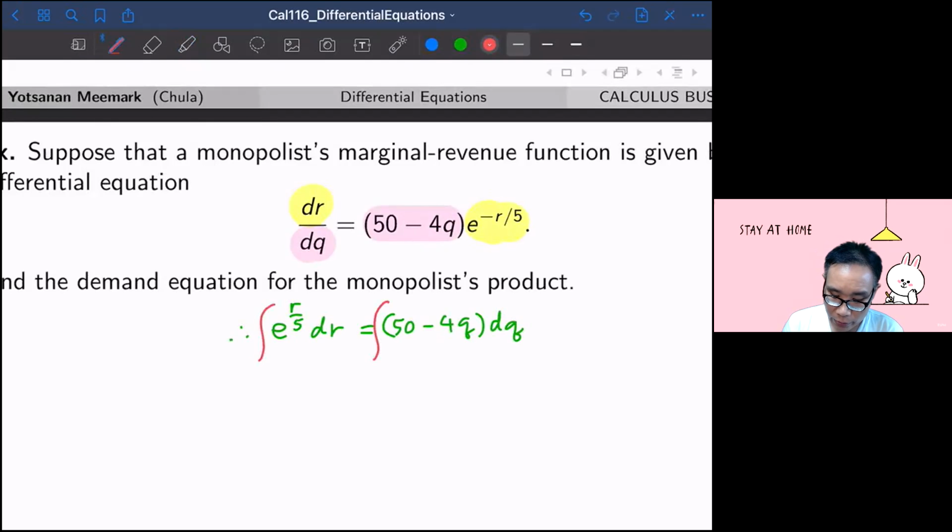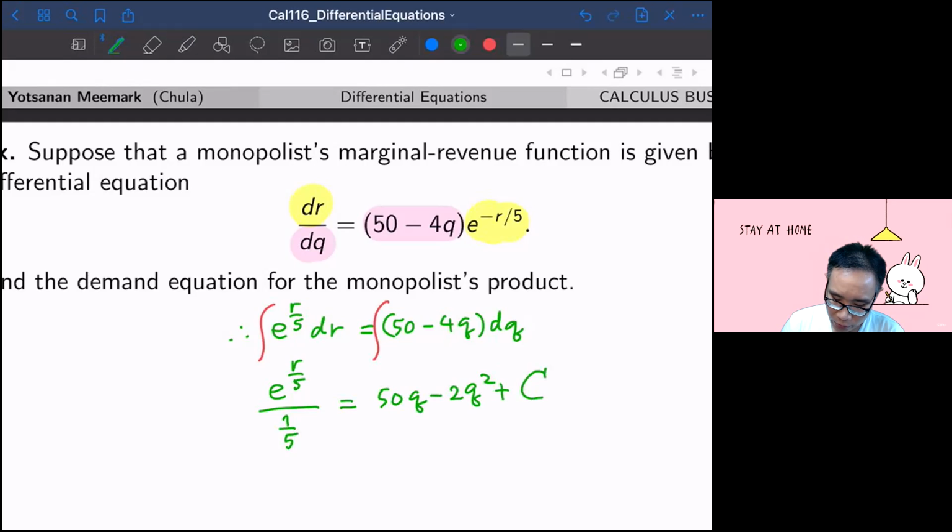Okay, so you integrate e to the r over 5, so it's going to be 5 e to the r over 5 equal to 50q minus 2q squared plus c.